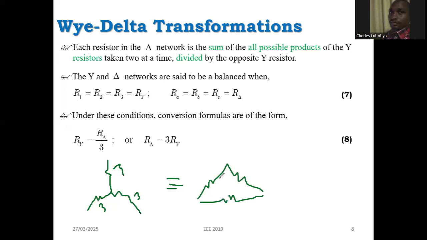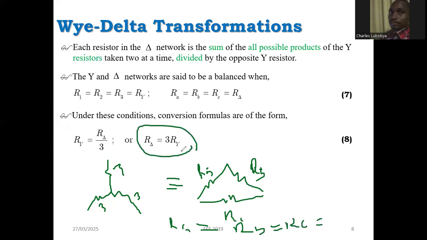So for RA, RB, and RC, to calculate RA, which will be the same as RB, the same as RC, the equation you're going to use is the second part. It will be simply 3 multiplied by the value of the resistors in star. That is your 3. You'll finally get your 9.